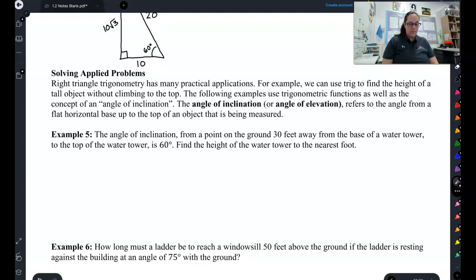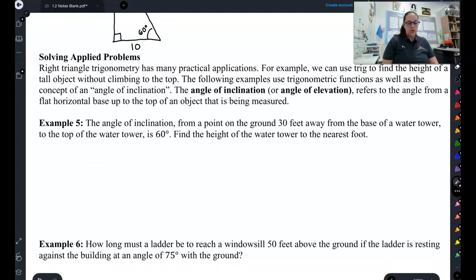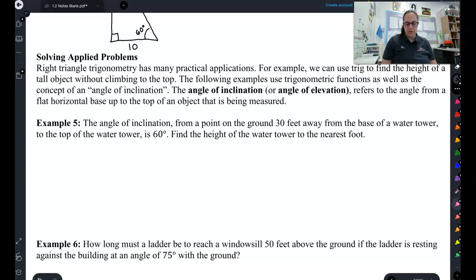So with that in mind, let's do one story problem like this. We have, it says, the angle of inclination. Let's figure out what that is first. Angle of inclination is the angle from a flat horizontal base up to the top of an object.